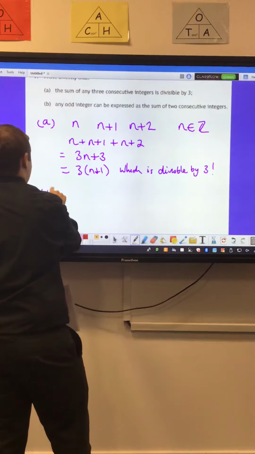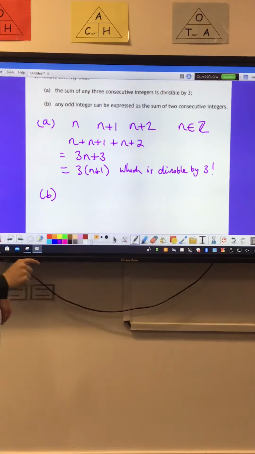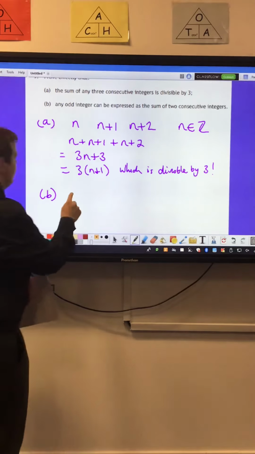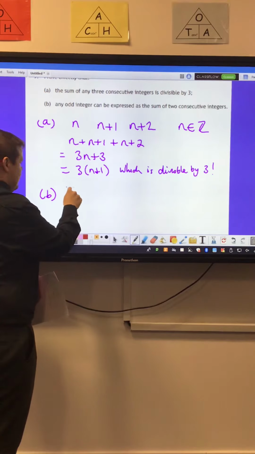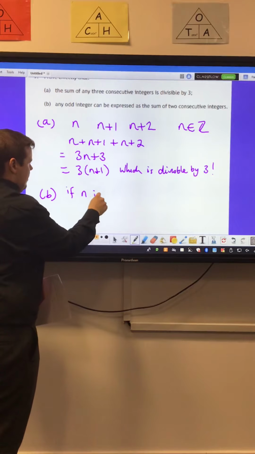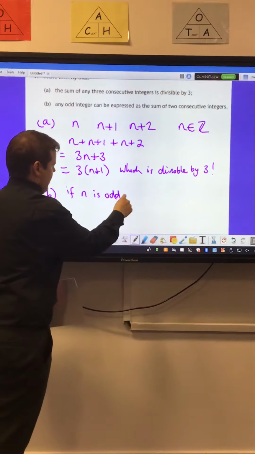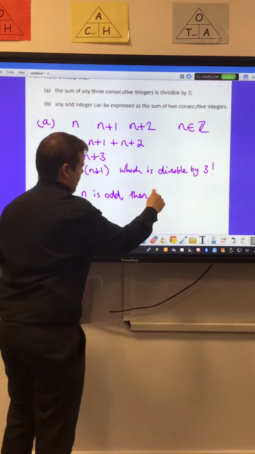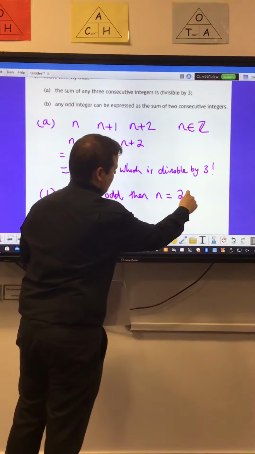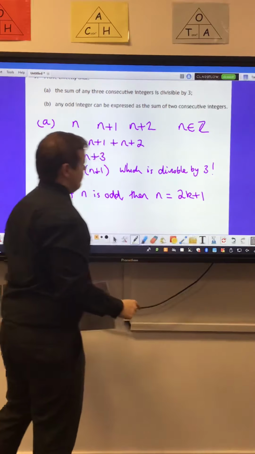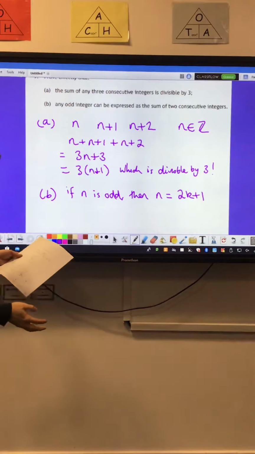Prove that any odd integer can be expressed as a sum of two consecutive integers. Okay, so I'm going to say that if n is odd, then n must equal 2k plus 1. So let me pick two numbers.